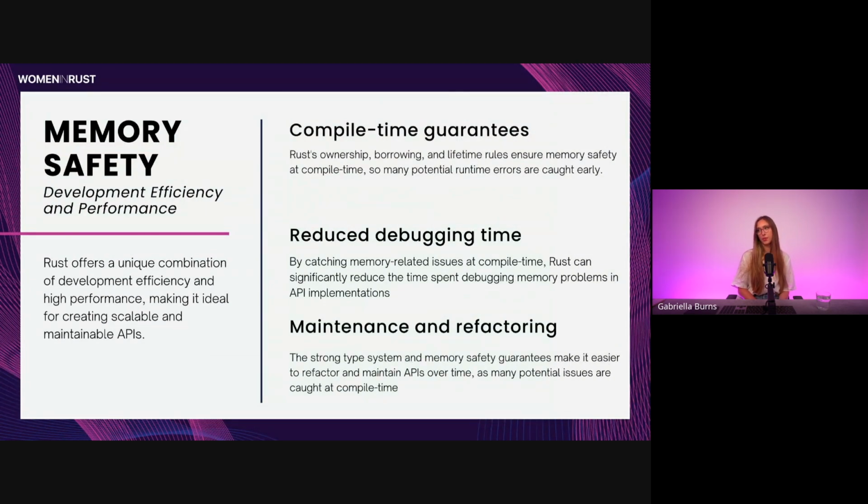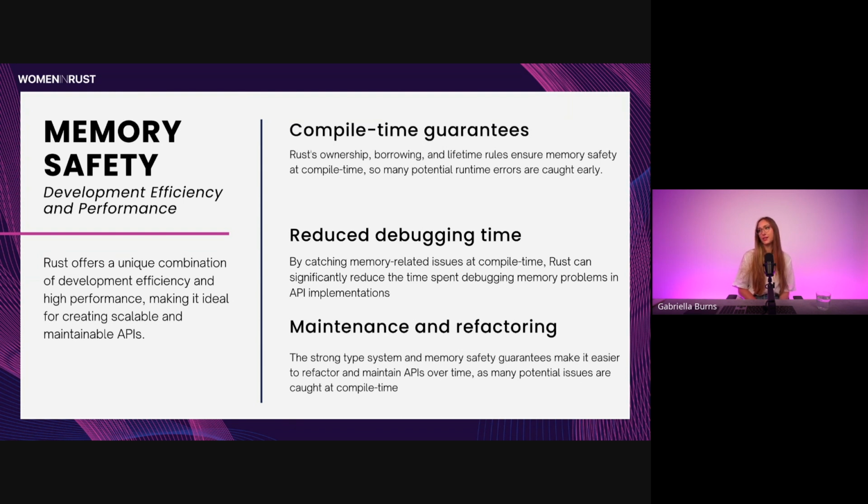The ownership, borrowing, and lifetime rules ensure memory safety at compile time, so those potential runtime errors are caught early. And that kind of leads us into the reduced debugging time. By catching memory-related issues at compile time, Rust can significantly reduce the time spent debugging memory problems in API implementations.